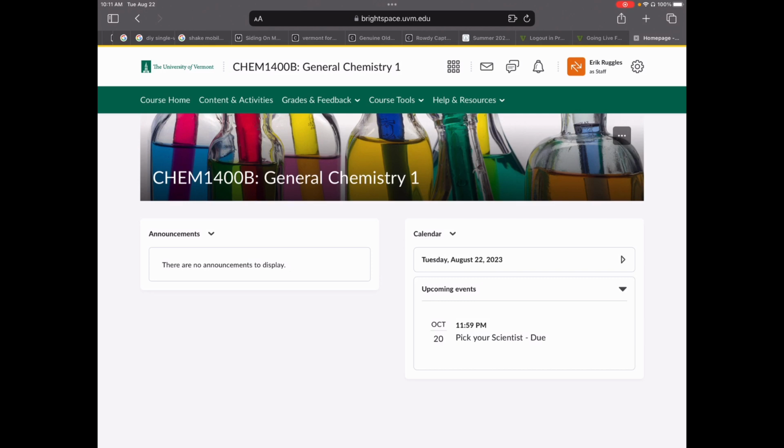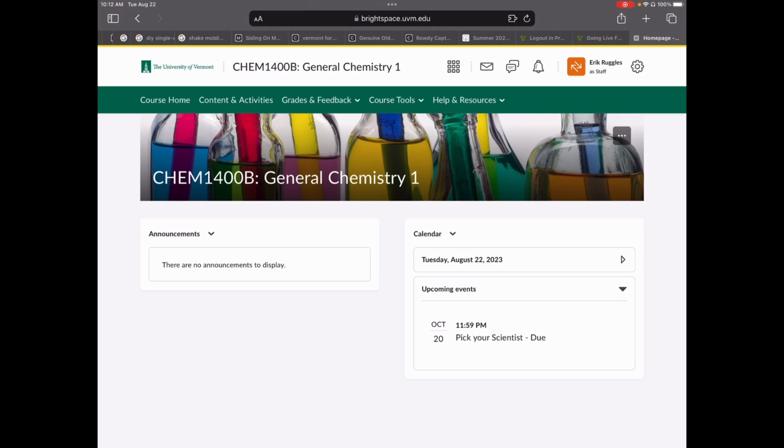At the very top, we see that this is the Chem 1400B section that I have. I also have an F section. So for those of you watching that are part of the F section, you're going to have exactly what we see here, except that B will be turned into an F. It's exactly the same. So this is the start-in page.